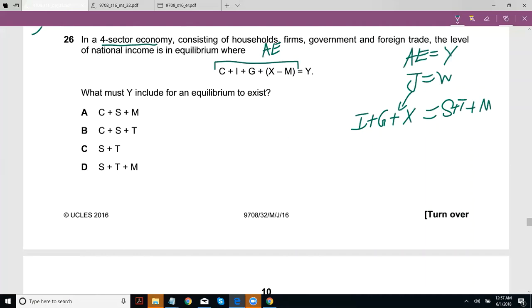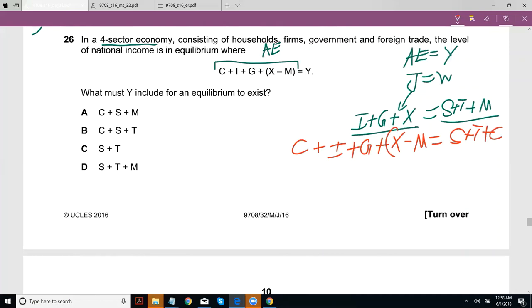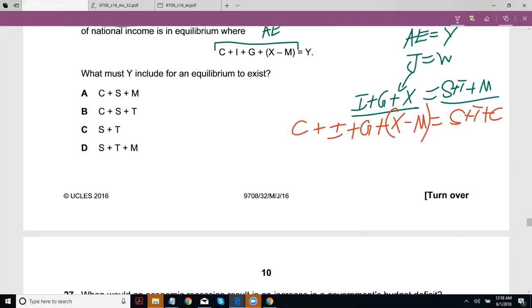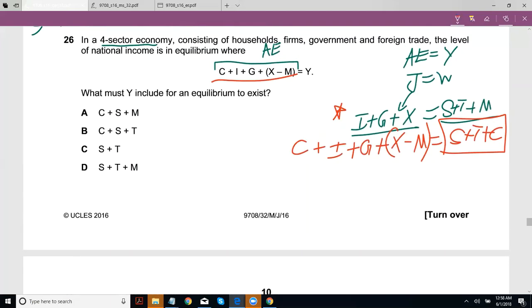If we quickly rearrange this, that would give you I plus G plus X minus M is equal to S plus T. And then if we add consumption on both sides, because that's the way they've given it, just do a little math: add the consumption function on both sides.